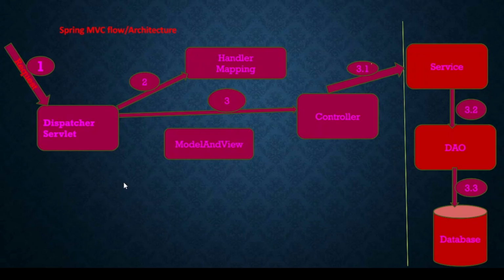If you consider home.jsp as the physical view in the web folder, the controller sends whatever data is needed and only the logical view name after the processing.